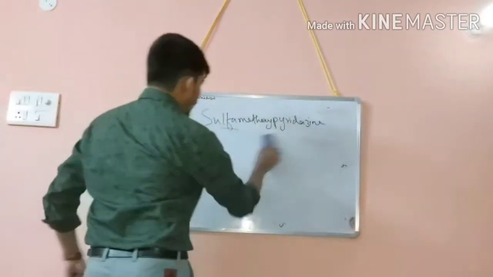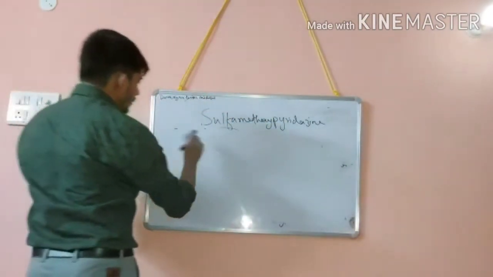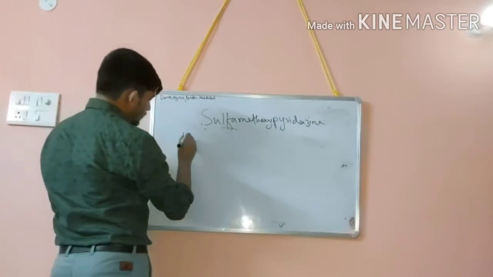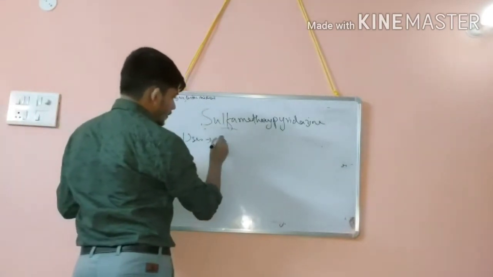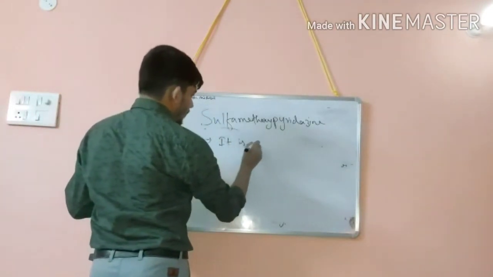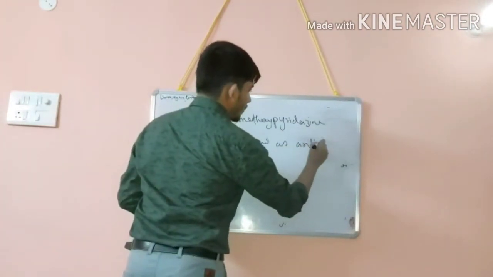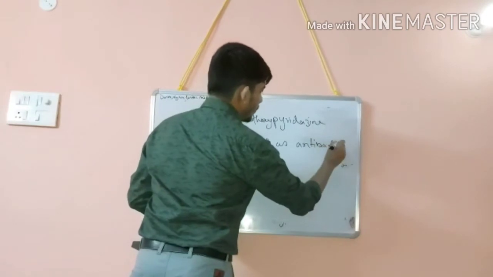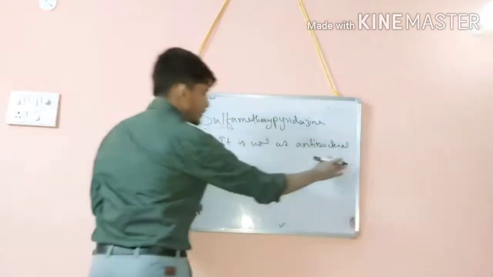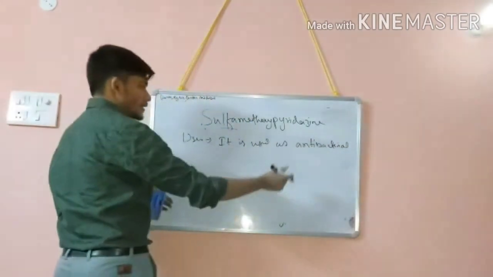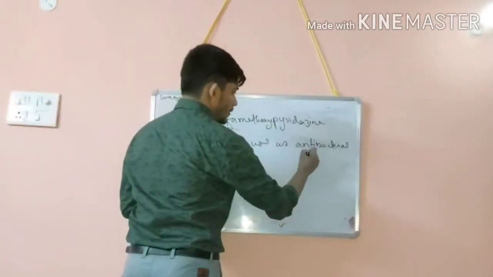As this compound is an antibacterial agent, the uses are these. It is mainly used as an antibacterial. Not only against bacteria, in other microbes it is also active in some portion. Okay, antibacterial agents.